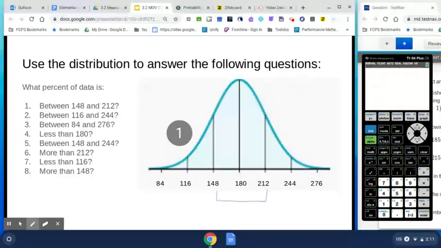So the empirical rule states that within 1 standard deviation in either direction, that's going to be 68% of the data. So 68% of the data is going to fall in that range from 148 to 212. Number 2, between 116 and 244.